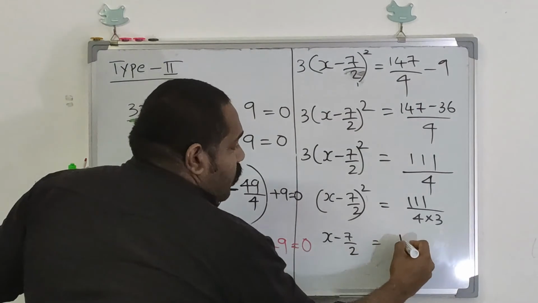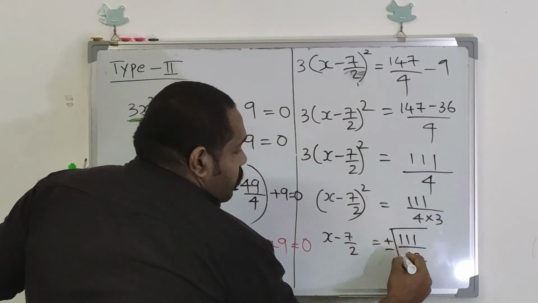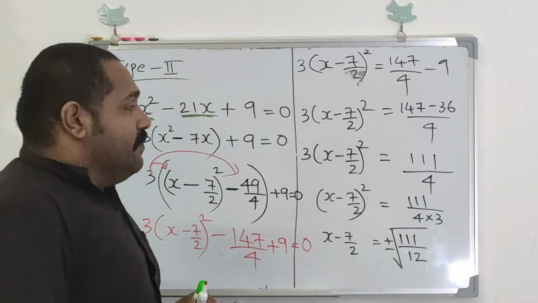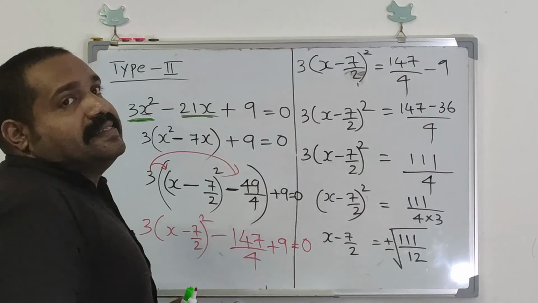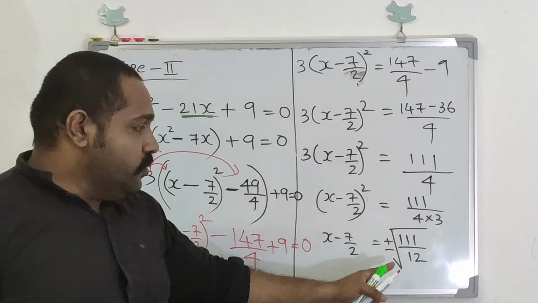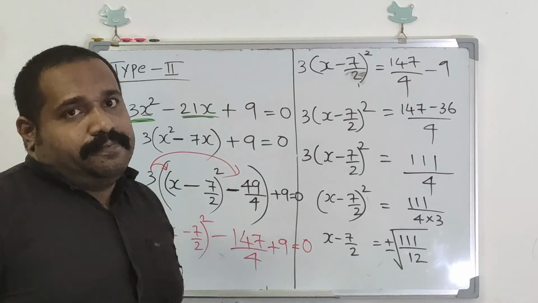So what happens? Taking the square root, x minus 7 by 2 is equal to plus or minus root of 111 over 12.